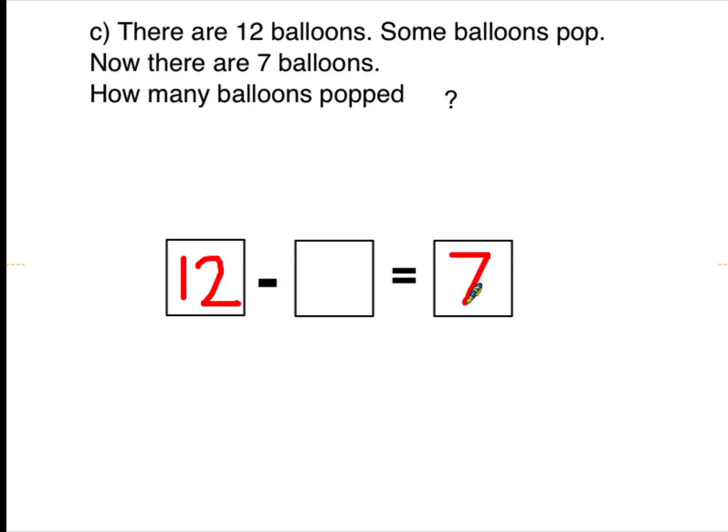Now there are 7 balloons. So you can grab the 12, count backwards 7, but that's harder. So grab the 7, count up to 12. 7, 8, 9, 10, 11, 12. I have 5 fingers up. 12 take away 5 equals 7.